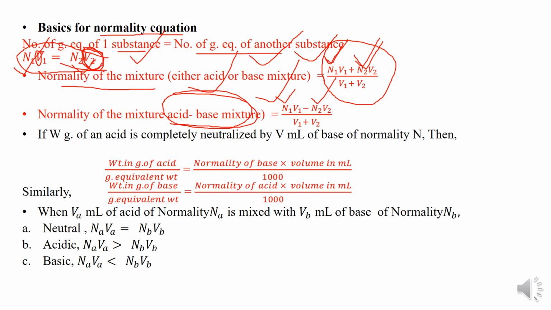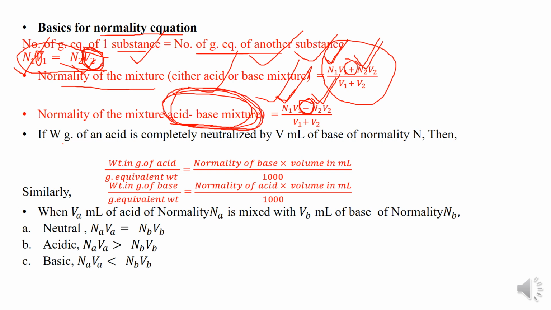If N1 is the normality of acid, then N2 is the normality of base, and a negative sign should be written here. Here is a positive sign, here is a negative sign. This negative sign refers to the neutralization process. Due to neutralization, the negative sign is written because acid and base get neutralized in acid-base mixtures.